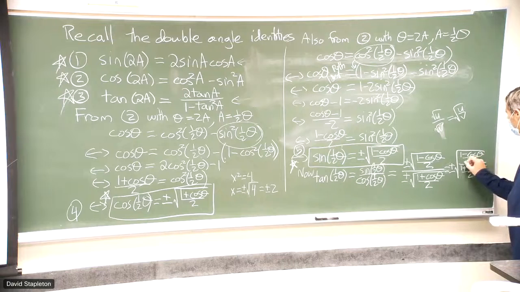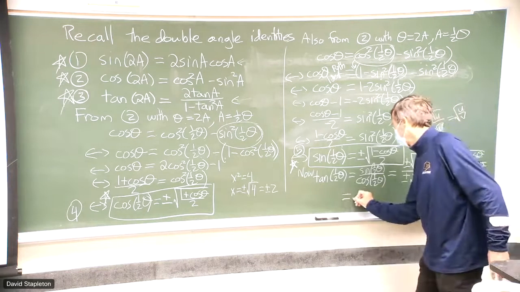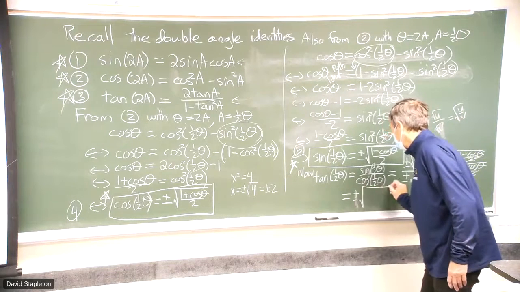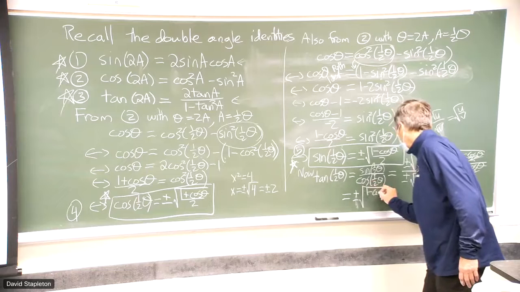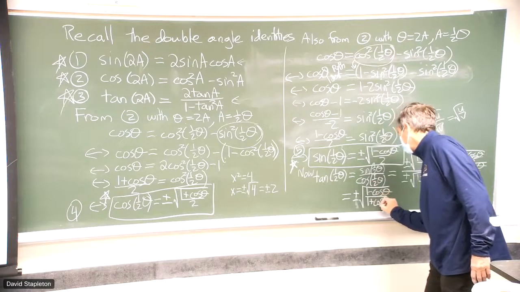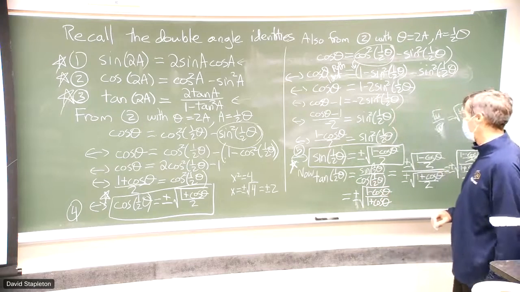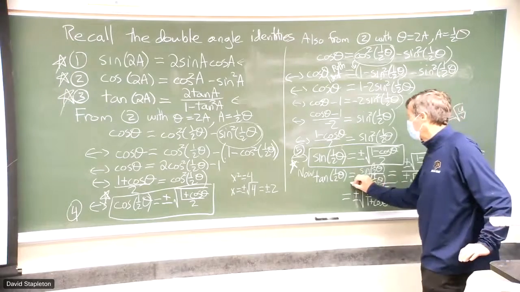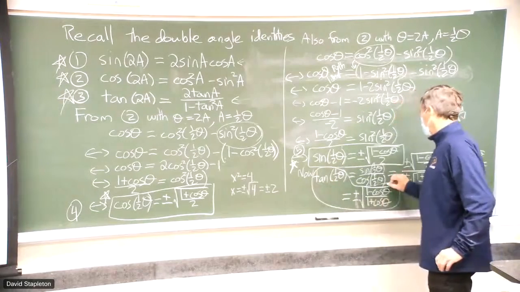And now the 2's cancel, and you get tangent 1/2 theta is plus or minus square root 1 minus cosine theta over 1 plus cosine theta. This proof is very important to see because it helps you to memorize it again. So that's the last half angle identity we need, is that one.